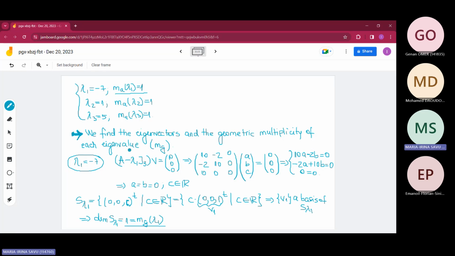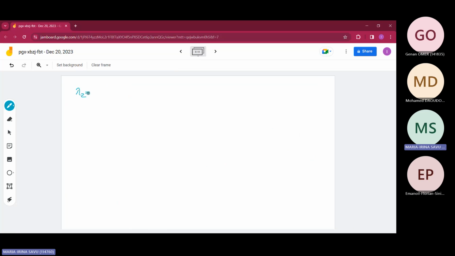Okay, I suppose that you already have the computations for lambda 2 and lambda 3, right? Yes. So let's see briefly what we should do for lambda 2, which is 1. You will have to solve the equation (A minus lambda 2 I) times the vector C equals 0, 0, 0.